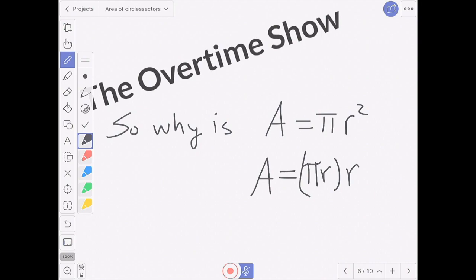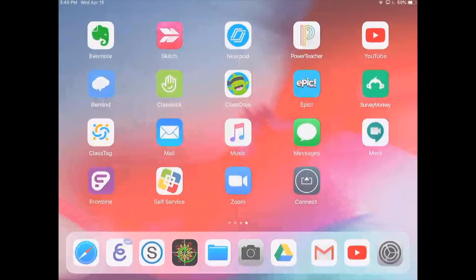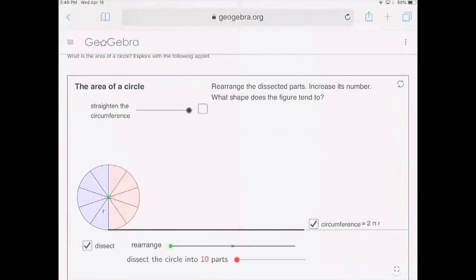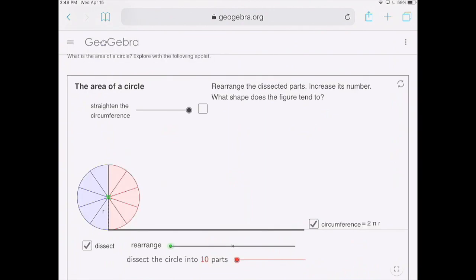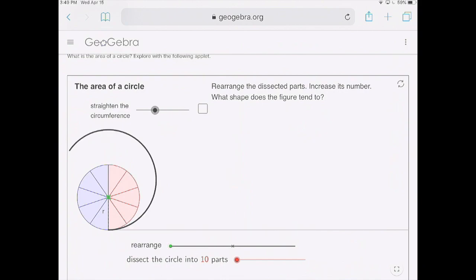To show you that, I'm going to lean on something from the internet to help me. All right, so if we have a circle and we unwind it, unwinding it means if we just laid it out.